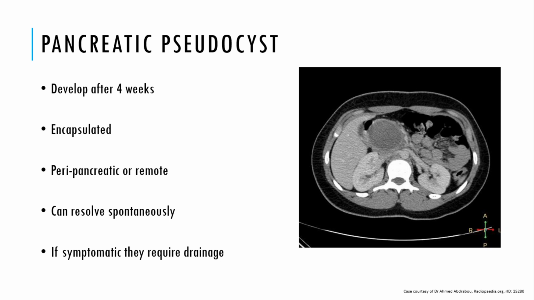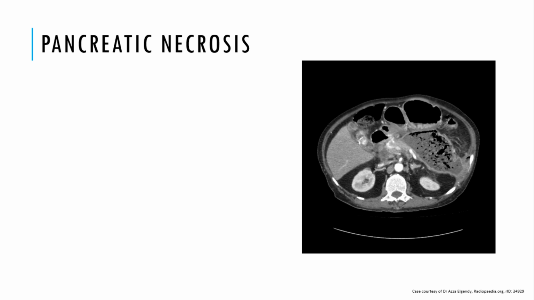However, if they are symptomatic, then they will require drainage. The most typical symptoms are big pseudocysts that either cause gastric outlet obstruction or compress other organs. Ideally, if the pseudocysts are matured enough, we strive to drain them endoscopically.